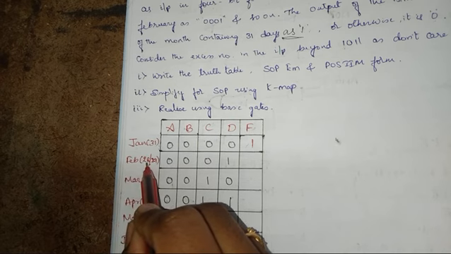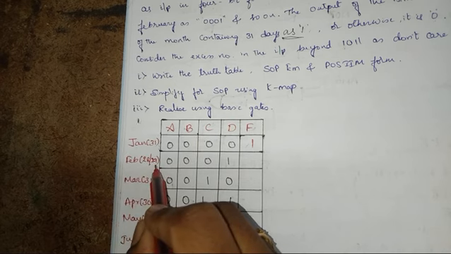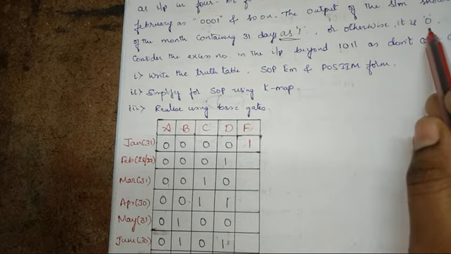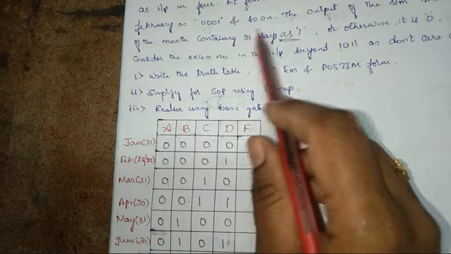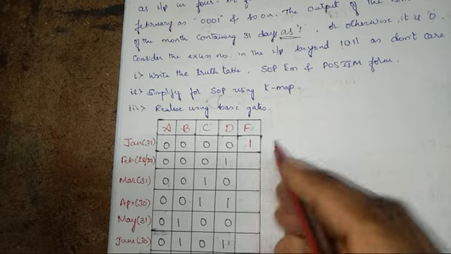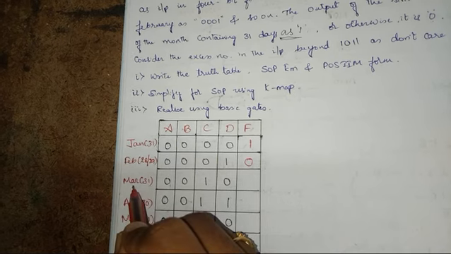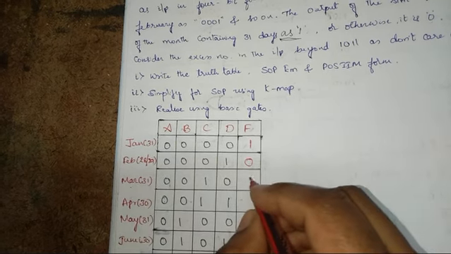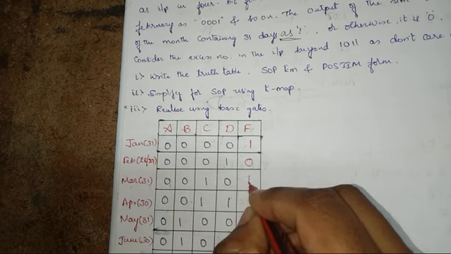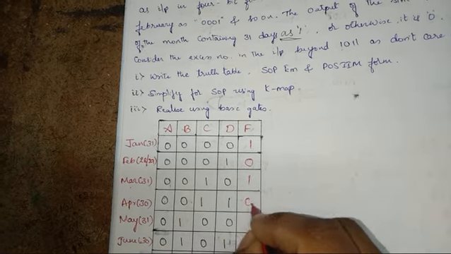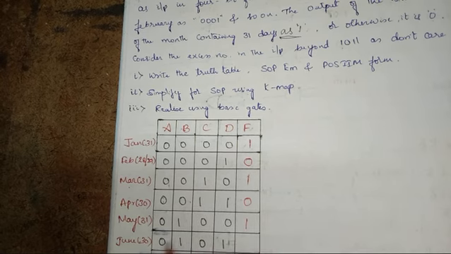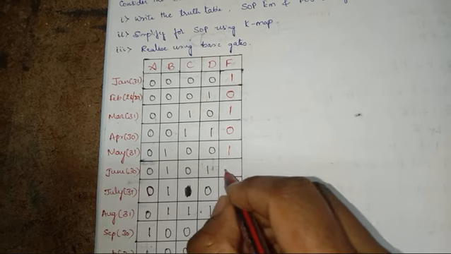February has 28 or 29 in the leap year case, so it is 0. March has 31 days, so it will be 1. For April it is 0, May it is 1, June has 30, so it is 0.